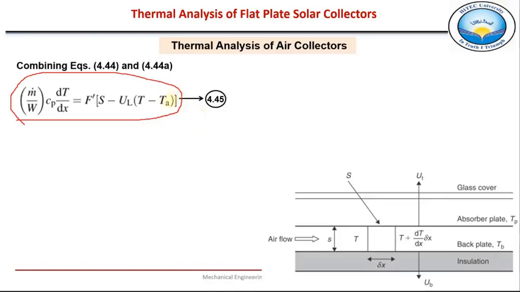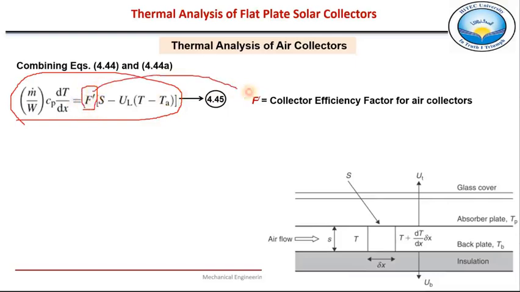So that's why the derivation steps are not included in the course, but you still need to understand each term separately. After a number of algebraic steps, this equation 4.45 is derived, and just like in liquid flat plate solar collectors, we have introduced this term F dash.